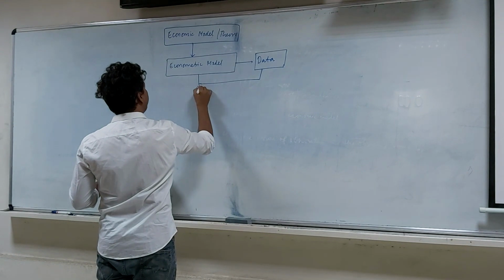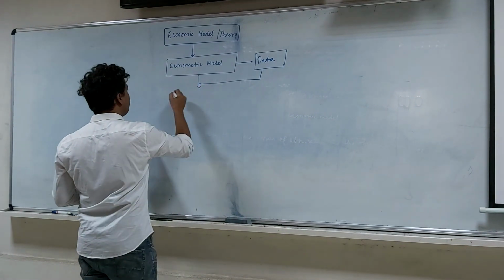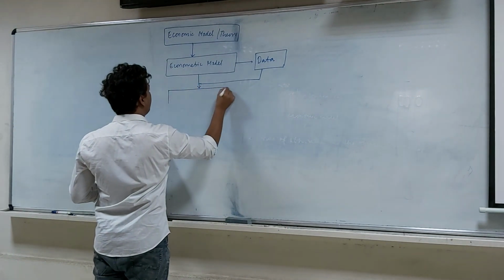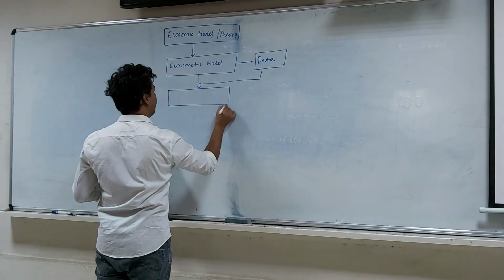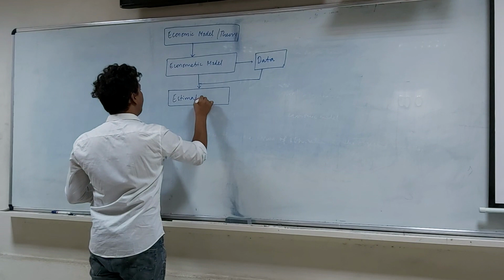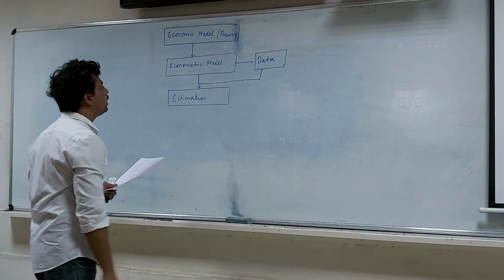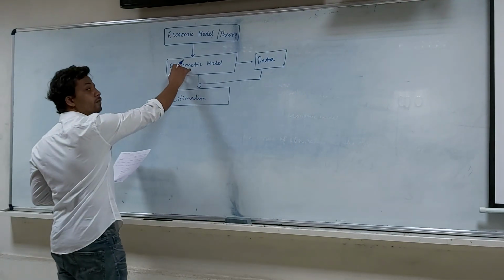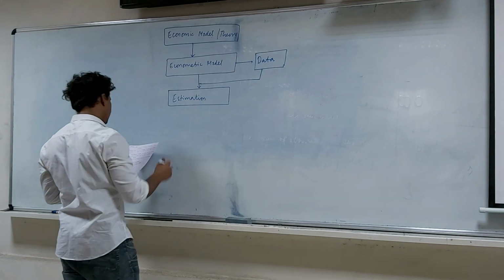Then the third thing is you estimate those unknown population parameters that you have kept in the econometric model.